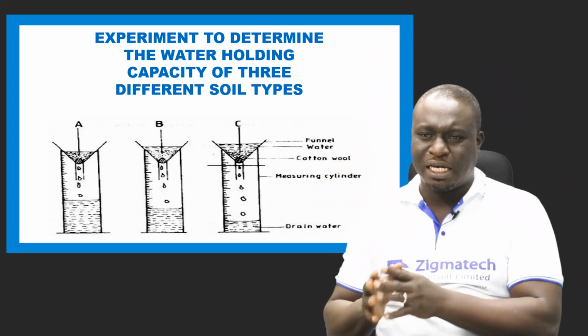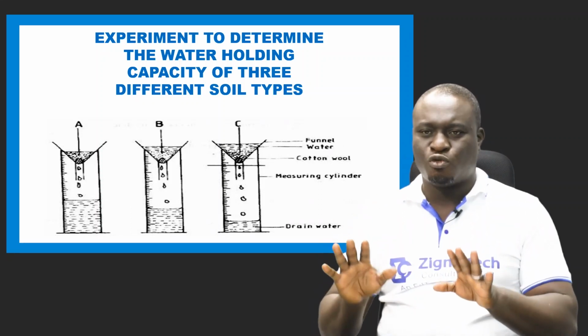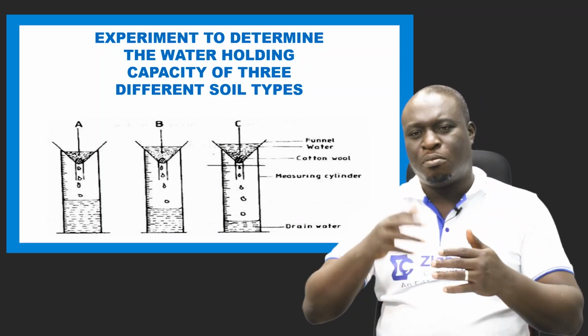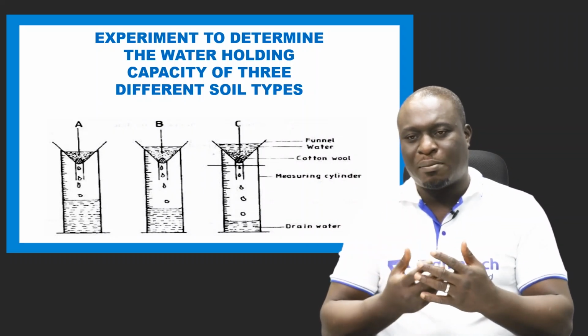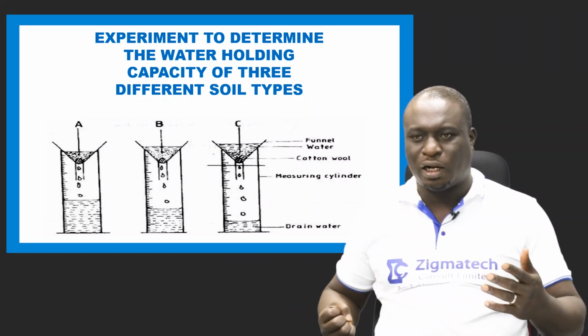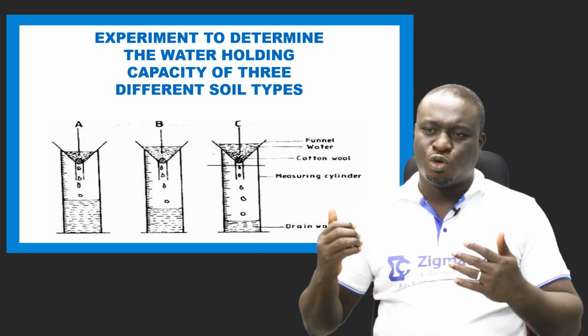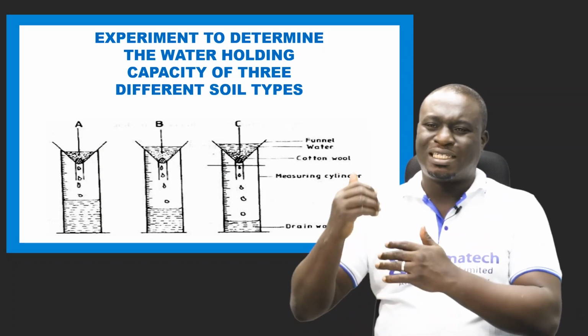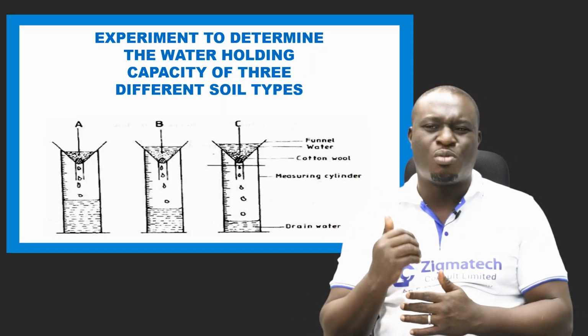Then if you look at B, there is a moderate amount of water. There is still water in the soil, but also a good amount of water has left the soil. And then when you look at C, you will discover that the amount of water drained from C is not much.